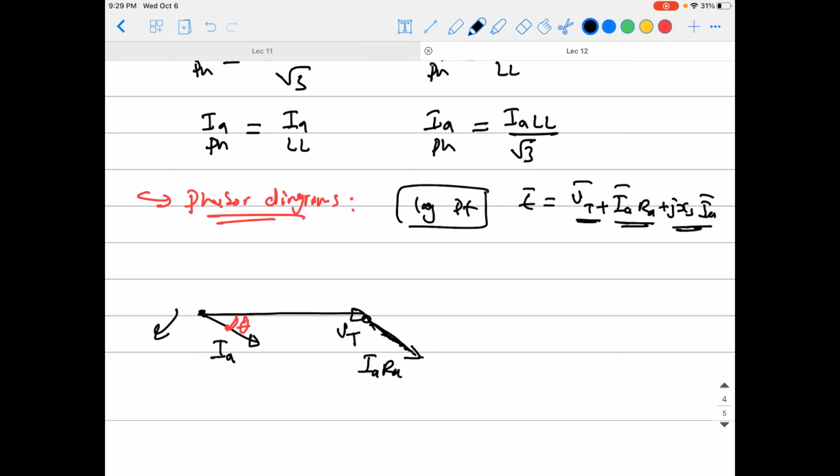The j operator means you have an angle of 90 degrees, and that is how we plot it, perpendicular like this, the 90 degrees, that is jIAXS. Okay, and the summation of those three phasors will give you the induced voltage of the machine, that is E.